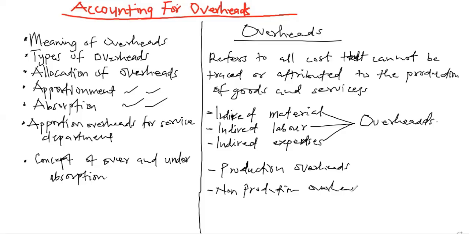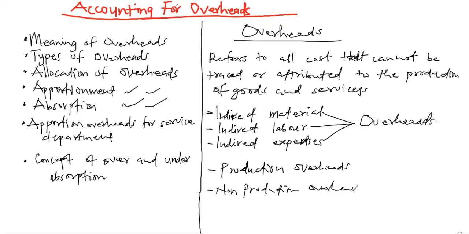Then we move to another example of production overheads, which is indirect labor. An example is salaries of supervisors. If the supervisor is supervising three products or three centers, then you can't attribute the cost of this supervisor to only one center.